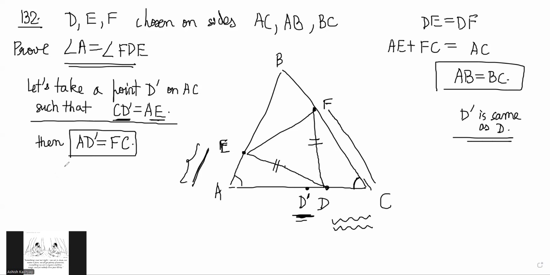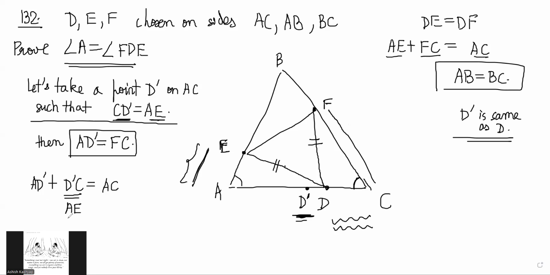Why? Because AD dash plus D dash C is equal to AC, right? And we know that D dash C is equal to AE. So we already know that AE plus FC is AC, right?